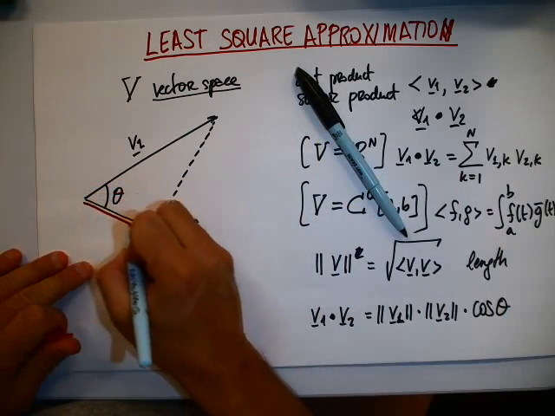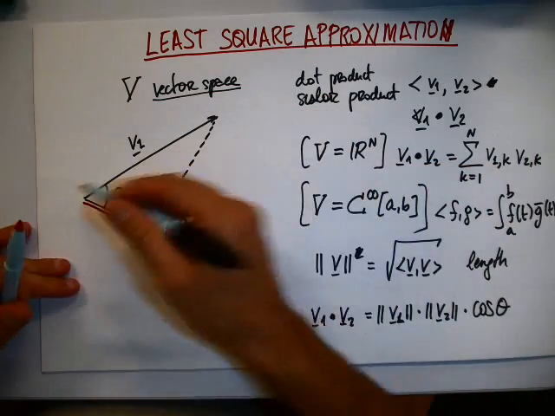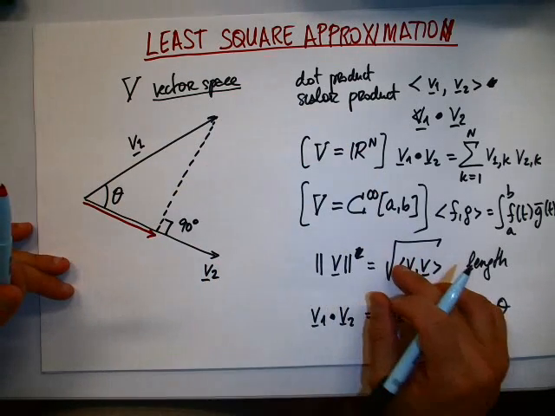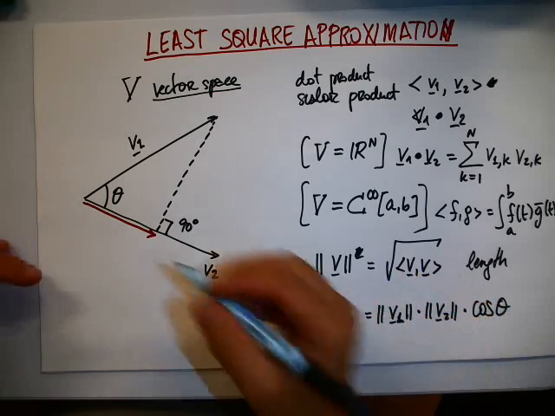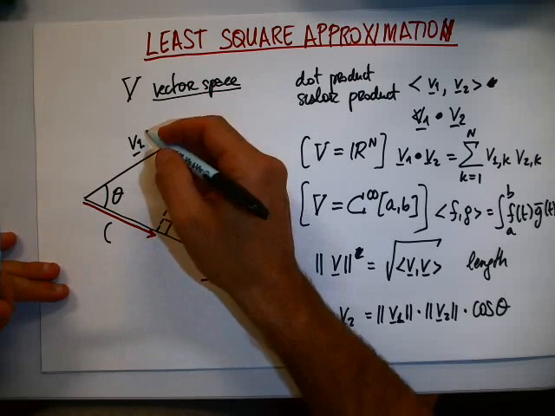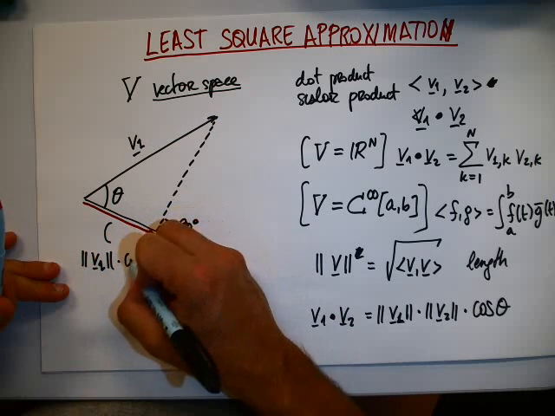And this orthogonal projection, if we just use the sine and cosine formulas related to a right triangle, we see that this length is equal to the length of V1 times cosine of theta.